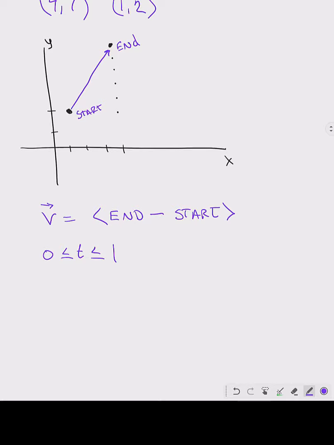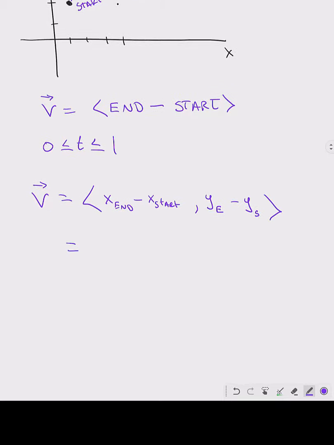So if I'm going to start at (1, 2) and end at (4, 7), I'm going to make v equal to the x end minus the x start, comma, the y end minus the y start. So here we go, 4 minus 1, comma, 7 minus 2.